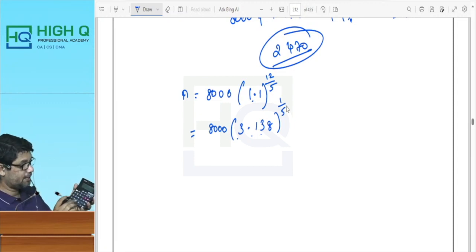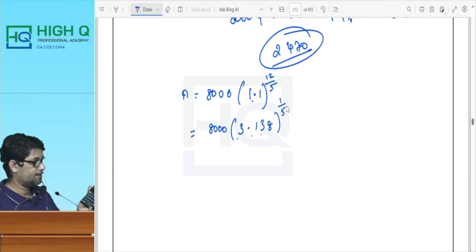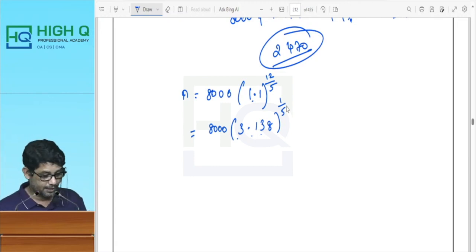3.138, 13 times square root, where it is 1, 2, 3, 4, 5, 6, 7, 8, 9, 10, 11, 12, 13, minus 1 divided by 5 plus 1 into equal to 13 times. 2, 3, 4, 5, 6, 7, 8, 9, 10, 11, 12, 13. I get 1.25 something into 8,000. 10,056 approximately.